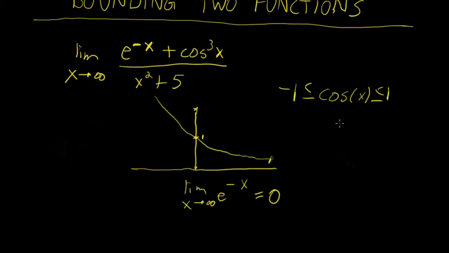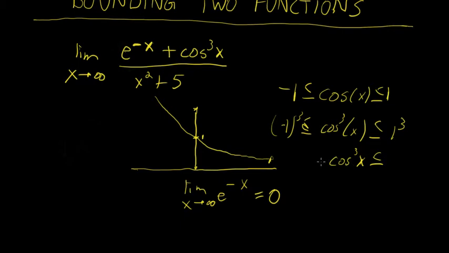So cosine cubed of x is also going to have to range between negative 1 and 1, because negative 1 cubed is negative 1 and 1 cubed is positive 1. So cosine cubed of x ranges between negative 1 and positive 1.